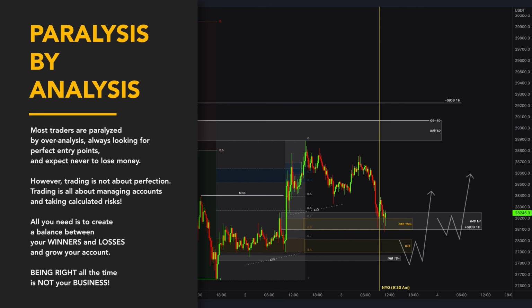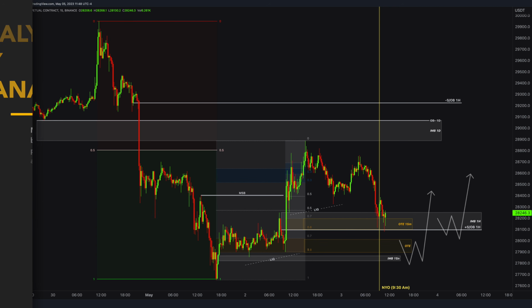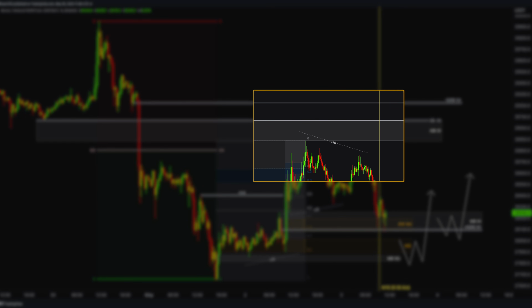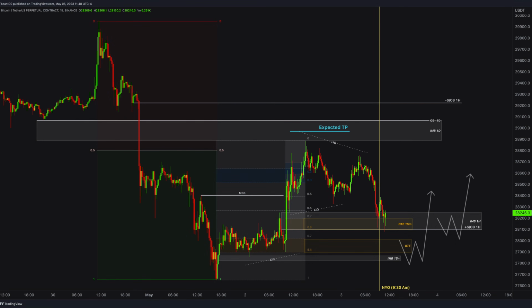So the answer is, if the first one fails, I will use the deeper one. 2 trades, 2 chances, 2 possible outcomes. I do not care about being right. As for the target, we have a clear target above, the forming liquidity and imbalances.